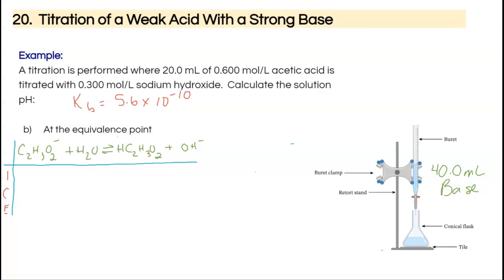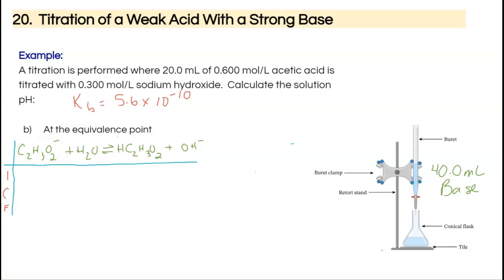I've taken the liberty of jotting down some of the information from the previous slide, which is that we still have the 40 mL of base that's been added to our conical flask. Our Kb value we calculated, and I've set up our ICE chart. Remember that our ICE chart involves looking at concentrations of species. What I need to figure out first is the concentration of my acetate ion in solution.